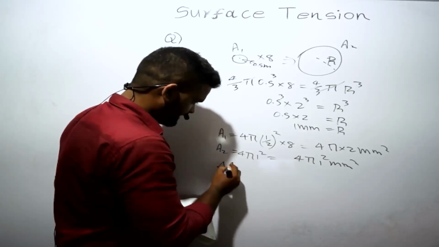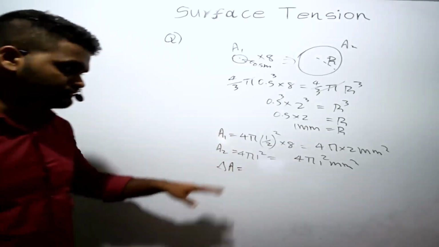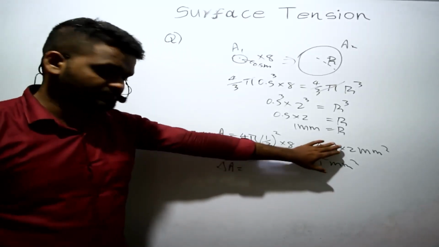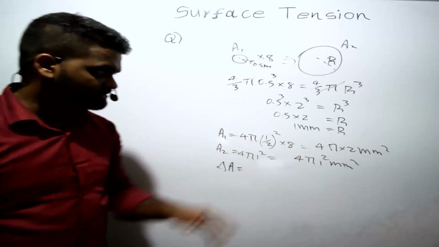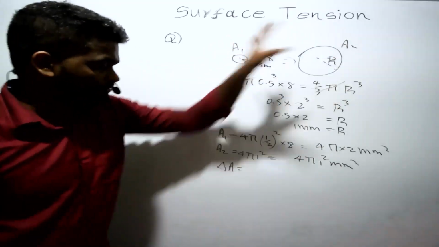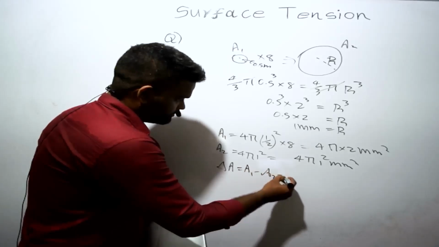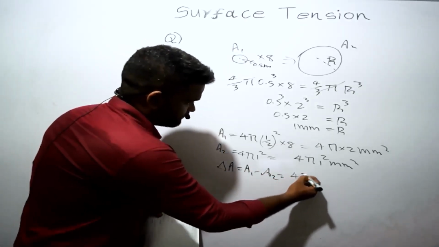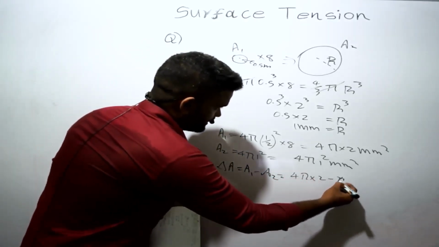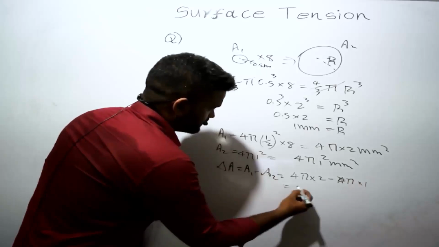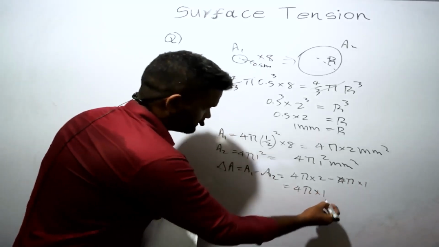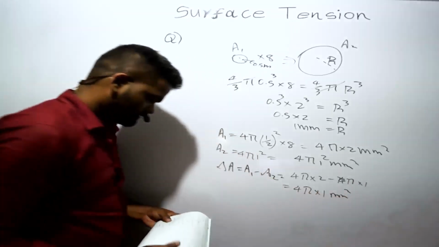Then find delta A. This is the larger one, so this minus this: A1 minus A2. So we have 4 pi 2 minus 4 pi 1, which is 4 pi 1 square millimeters.